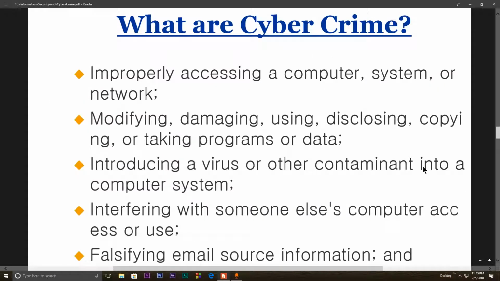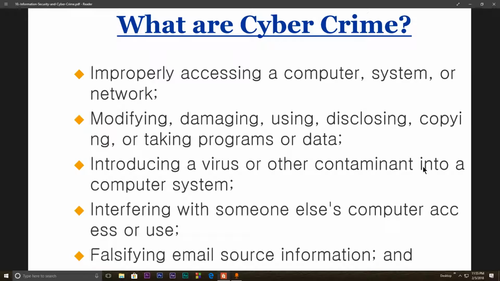Now what actually is cybercrime? It is improperly using a computer, not properly using it. Improperly using or accessing a computer system or any particular network, modifying, changing, damaging, disclosing, copying, or taking programs or data, all are under cybercrime. Introducing a virus or any contaminant into a computer system. Interfering with someone else's computer account.